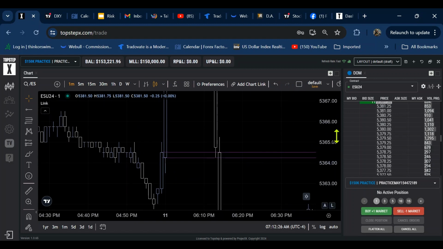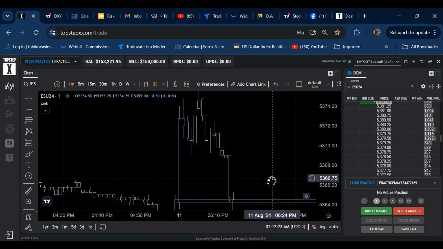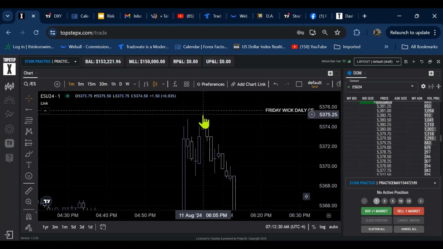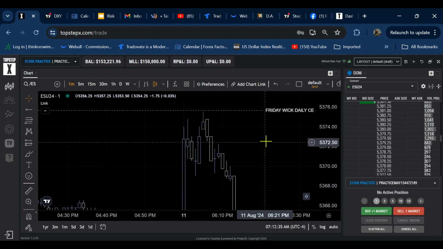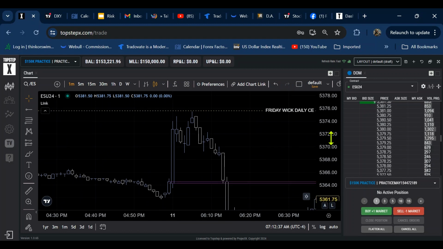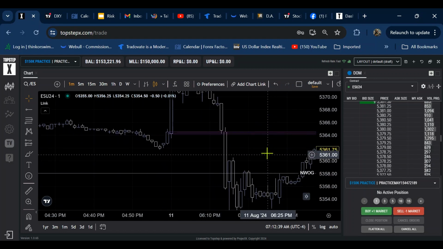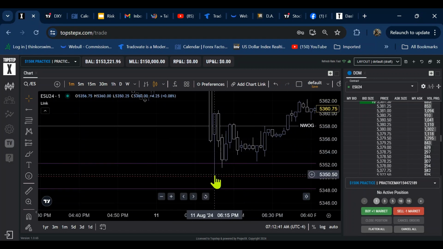Where did we trade to? Consequent encroachment to the tick. I mean, right up to it. And then price reversed. And where did it trade to? Consequent encroachment of Friday's gap to the tick.